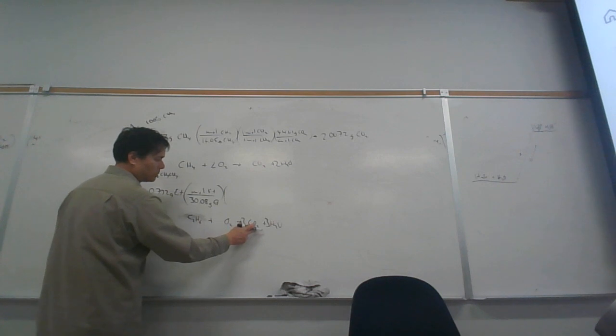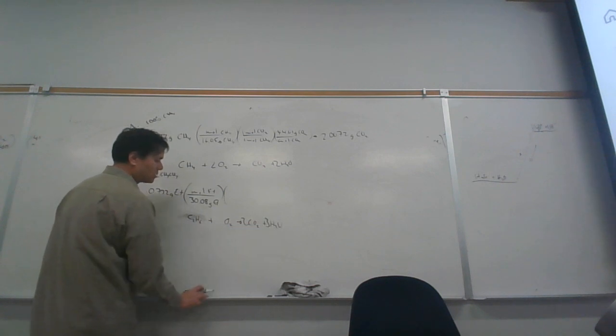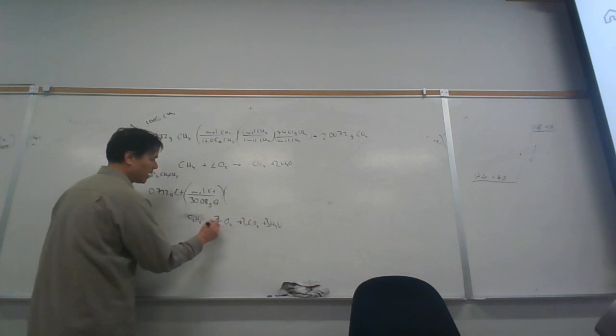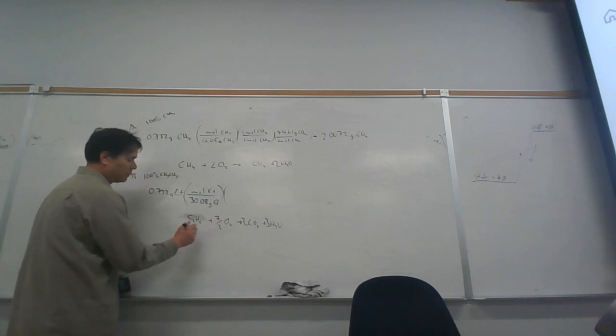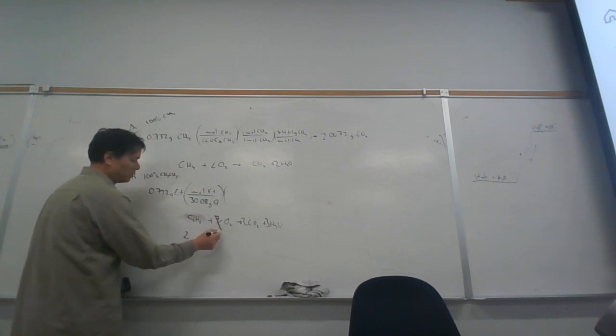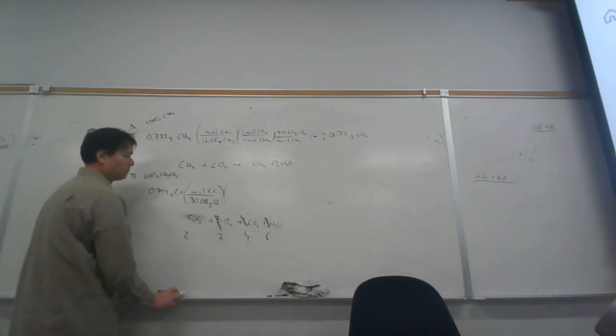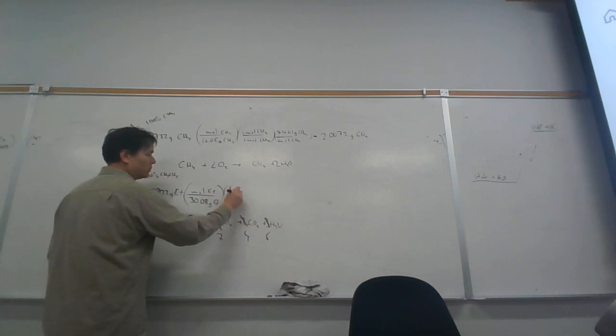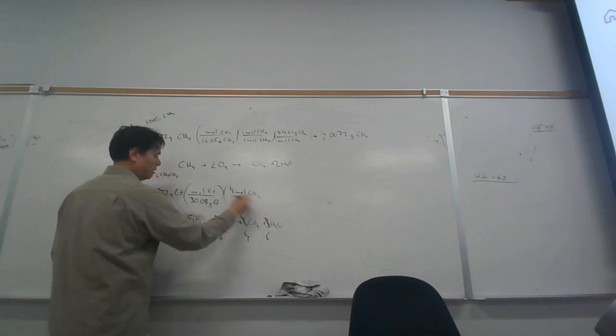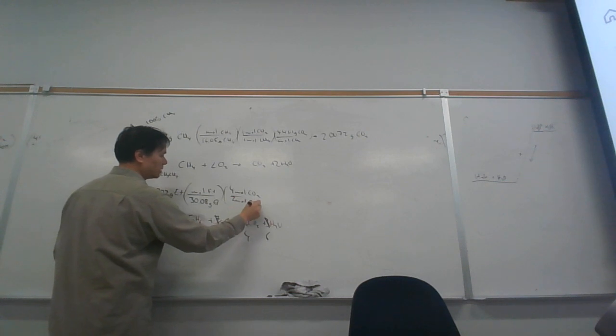That's 2 times 2 is 4 plus 3 is 7. So this is going to be 7 halves O2. Double everything. We're going to get 2, 7, 4, 6. And so the mole ratio is 4 moles of CO2 for every 2 moles of C2H6.